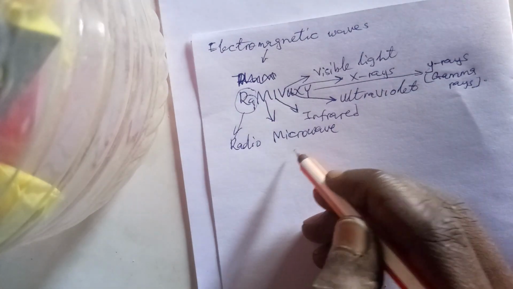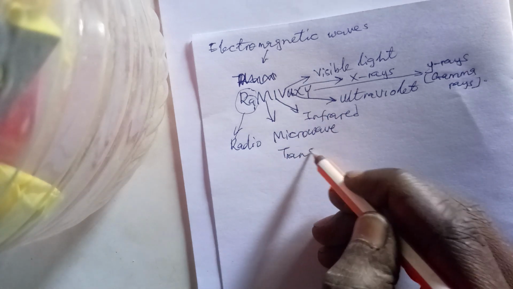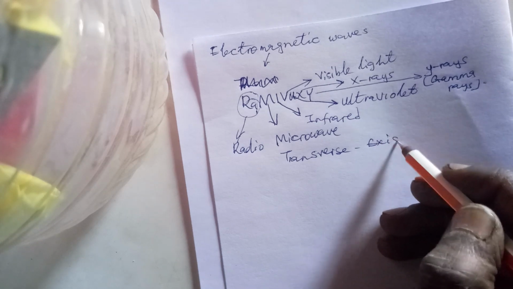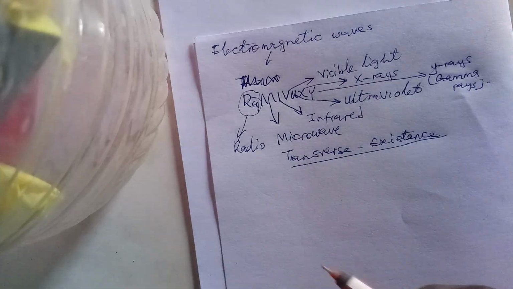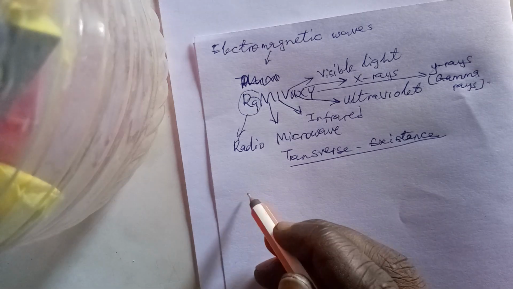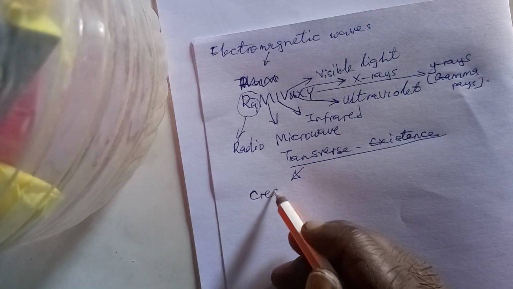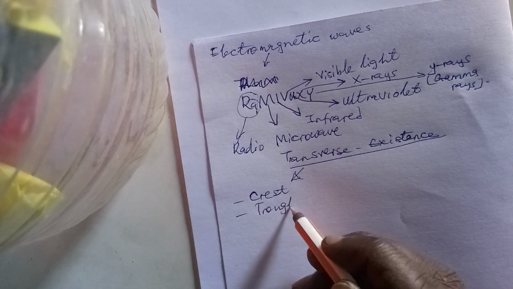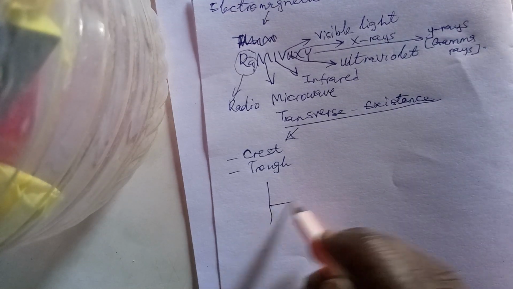So now, how do transverse waves exist? How can I know that I'm dealing with a transverse wave just by looking at the diagram? One thing you should know is that transverse waves exist in form of crest and trough. Let's look at the diagram below in order to understand the point clearly.